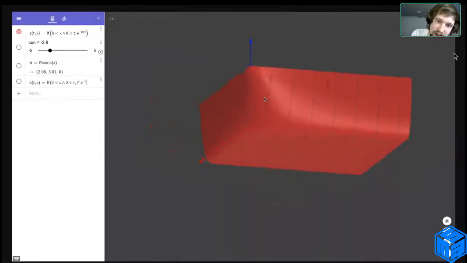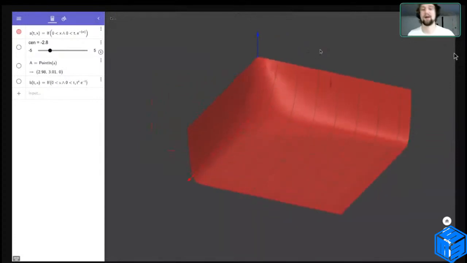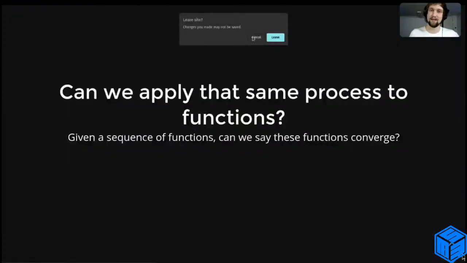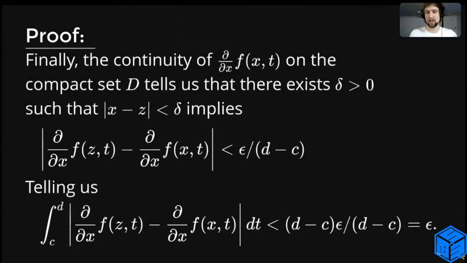If I ask for all the points in my function to be closer than 0.1 or something along those lines, I can find a small enough ball to keep that all happening. I'm not going to prove it for this specific case, but that is the situation there.